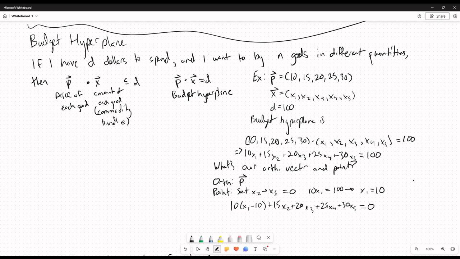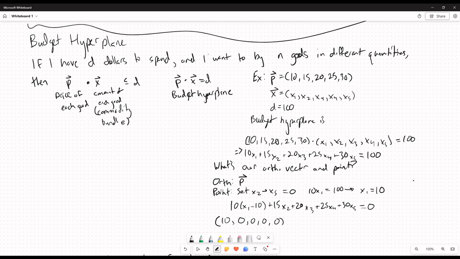And you'll see these are the same thing. If I distributed this out and moved the 100 over, I'd get back to my original equation. And what this tells me is that for the point 10, this is secretly x2 minus 0, we just don't write that. Similarly, x3 minus 0, x4 minus 0, x5 minus 0. The point (10, 0, 0, 0, 0) is on the budget hyperplane.